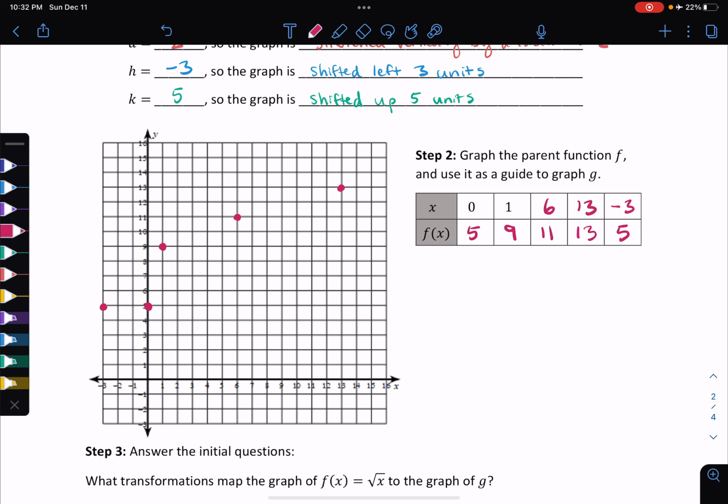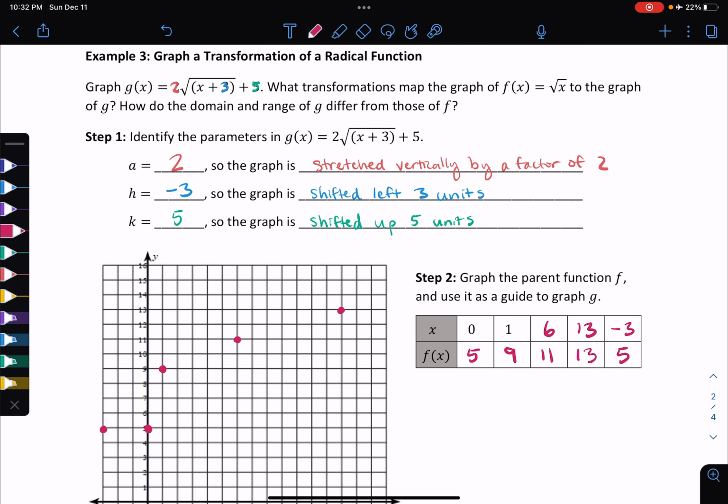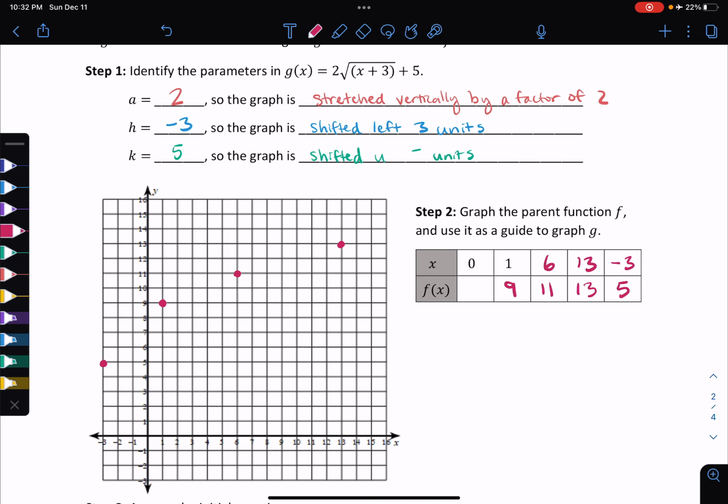Something happened on our other one when we plugged in 0. Ah, that's why. When we plug in x equals 0, we do not get 5. Hopefully you guys caught that. When we plug in x equals 0, I get the square root of 3 times 2 plus 5. I get a pretty strange number, right? I'm not going to worry about that number for now. If you would like to find the decimal approximation, that's totally fine for you to do. So we have a graph that is about like that. Okay. I've just noticed that I have erased those for some reason.